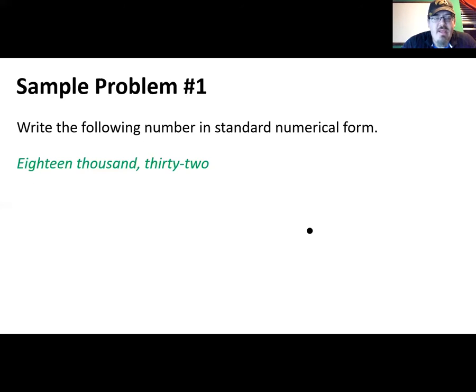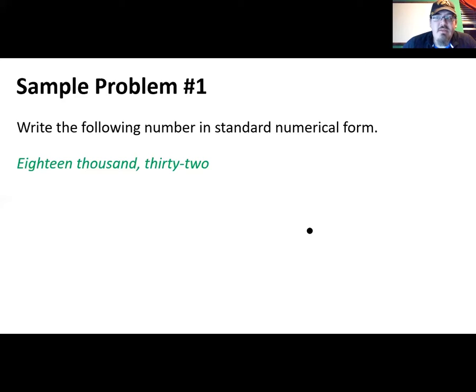That will help us figure out where our spaces and all those kinds of things go for our digits. Now, to figure out how many digits I'm going to need, I'm going to start with the 18,000, and I see that I've got the word thousand in there. That tells us we need to take our number out to that grouping of 3 digits.